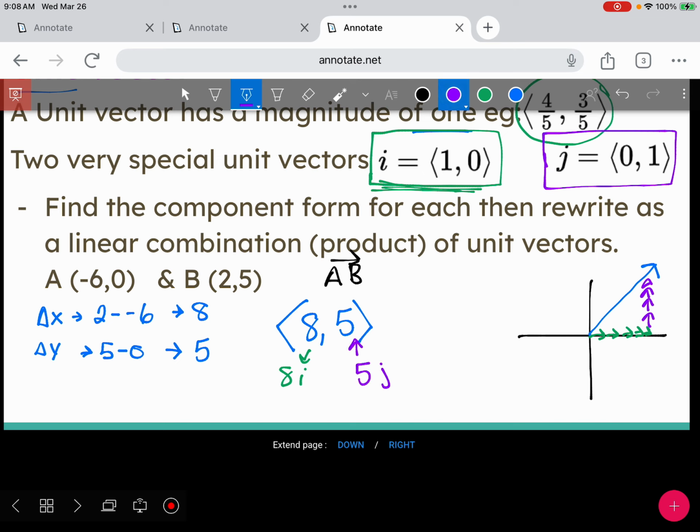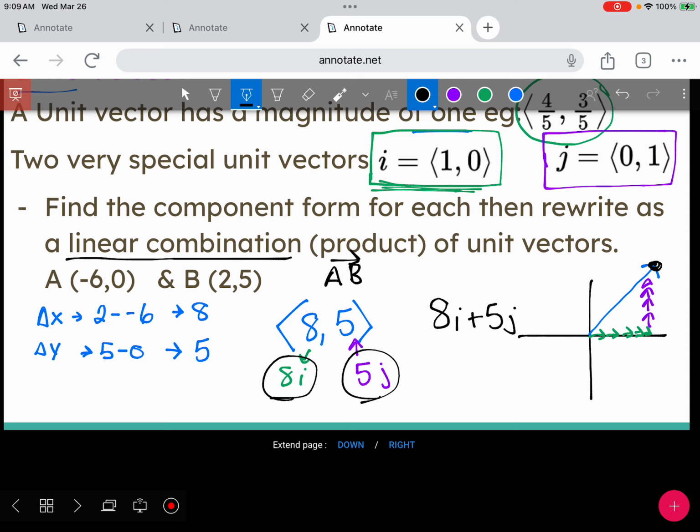So 5 j's. So when it says write this as a linear combination, that means if I had 8 i's and 5 j's, and we added those together, we would get to exactly that same terminal point if I just did it in steps. It's like putting it in terms of steps.